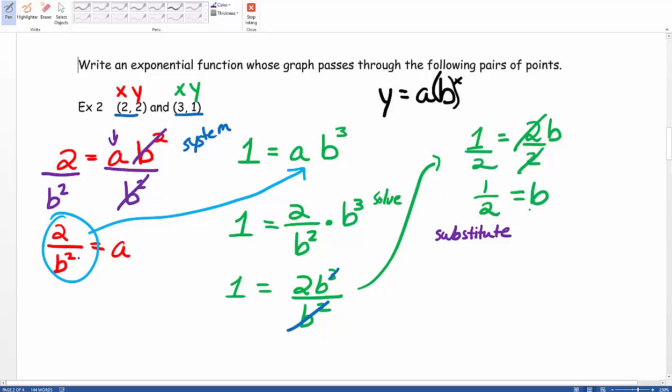Just not to have to really worry about fractions over fractions, let's go ahead and use the original red one. So looking at the original red one, we have 2 equals our a value times, instead of b, we see that we now have a 1/2. And that half is eventually being squared.